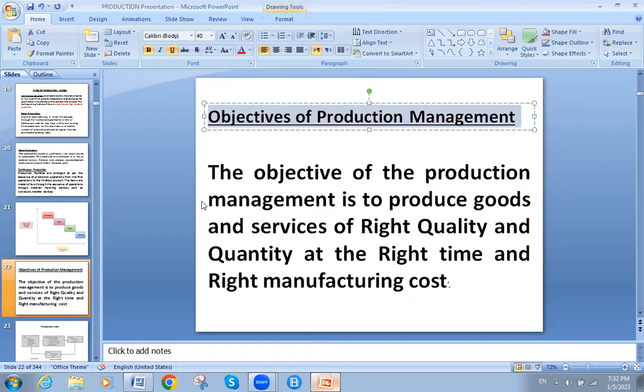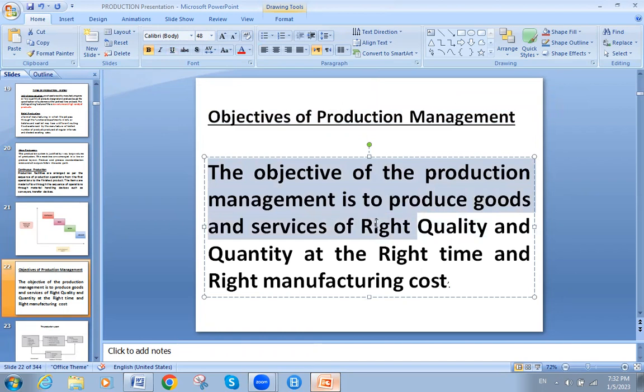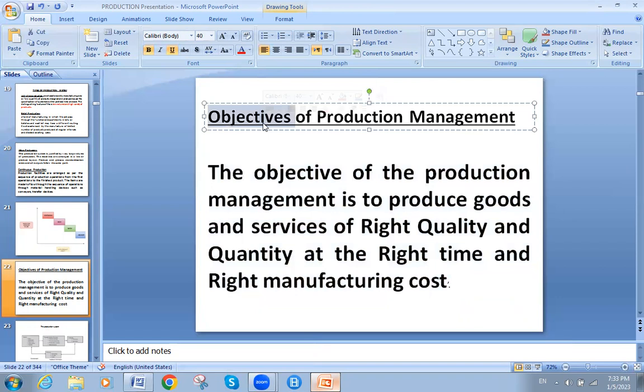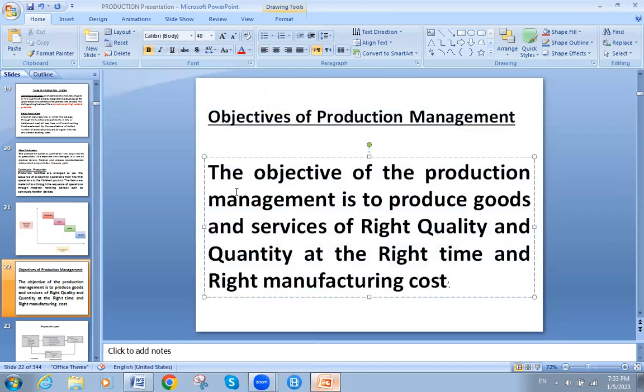The objective, or the main task, of the production department is to produce goods and services of the right quality and quantity, at the right time and at the right, lowest manufacturing cost.